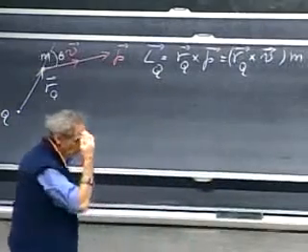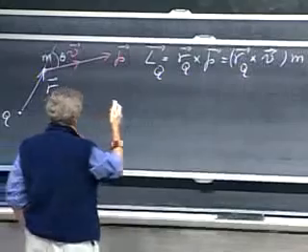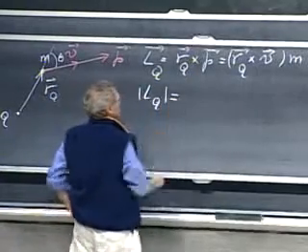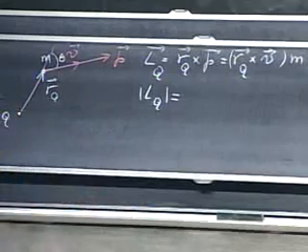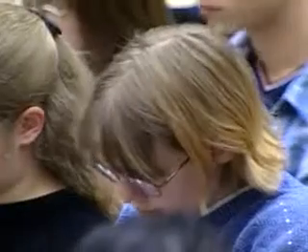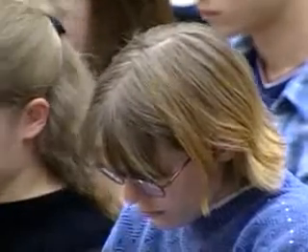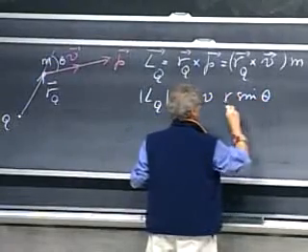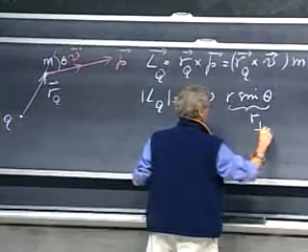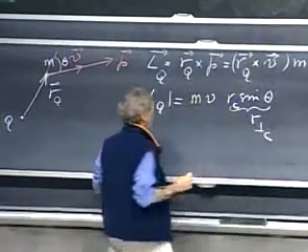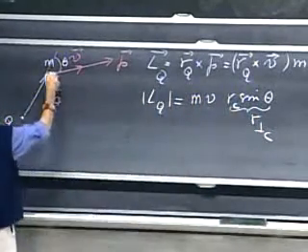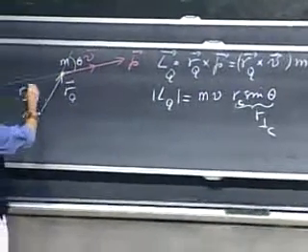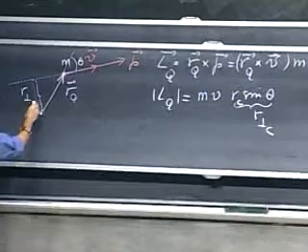The magnitude of the angular momentum relative to point q is of course r m v, but then I have to take the sine of the angle theta. So let's say it is m v r sine theta. And this I often call, shorthand notation, r perpendicular. That r perpendicular is this distance relative to point C.